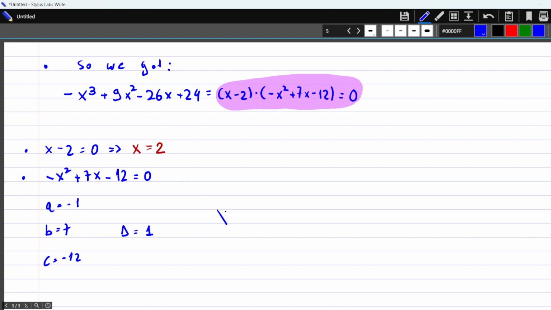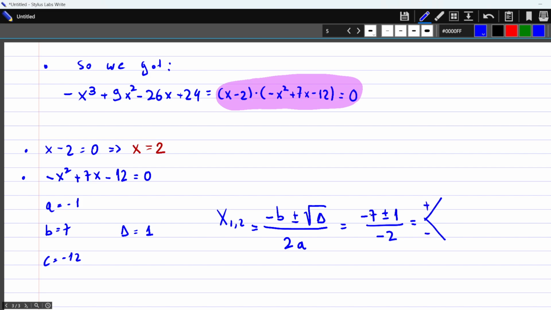So x1,2 equals minus b plus or minus the square root of the discriminant delta, divided by 2 times a, which is minus 7 plus or minus 1 divided by minus 2, which equals minus 7 plus 1 is minus 6 divided by minus 2, which is 3.